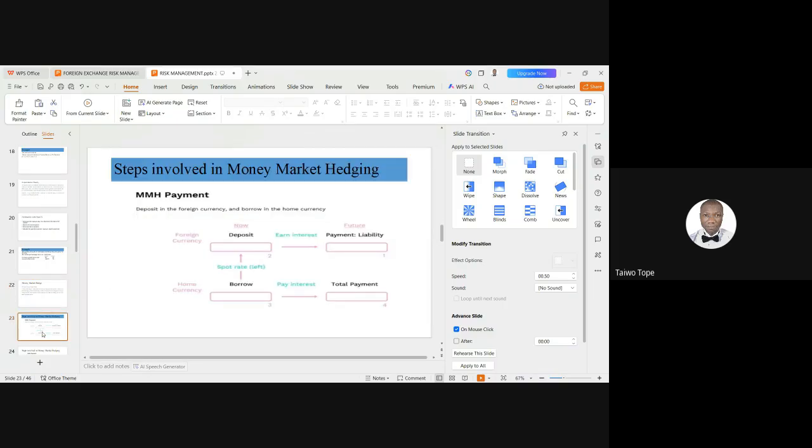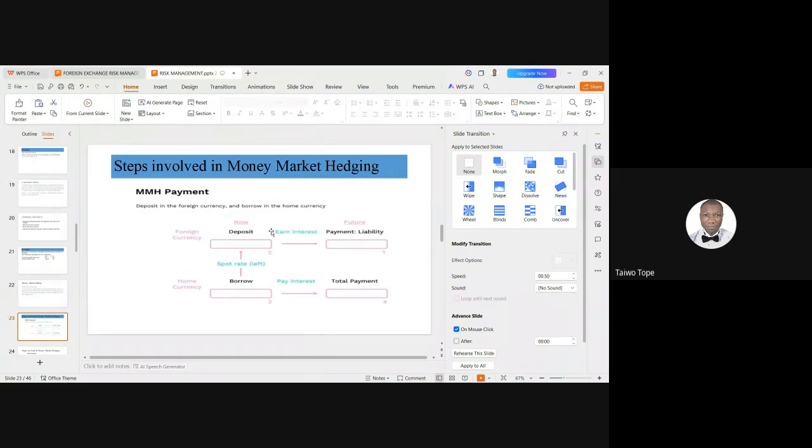So without much ado, if you didn't watch yesterday's video, these are the steps involved in money market hedge. Now, we said there can be two forms: either you are making payments or you are expected to receive in future.